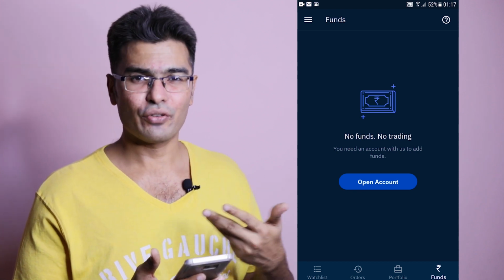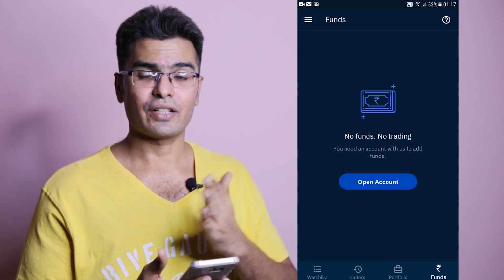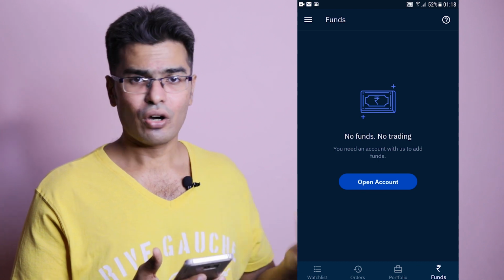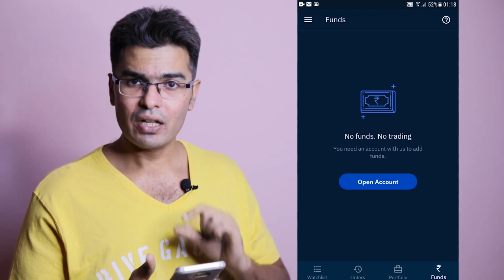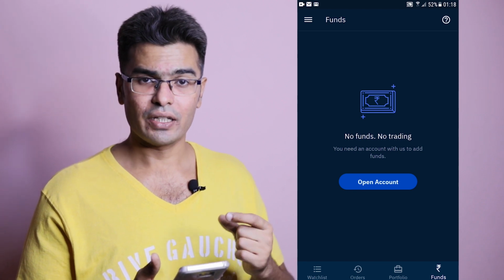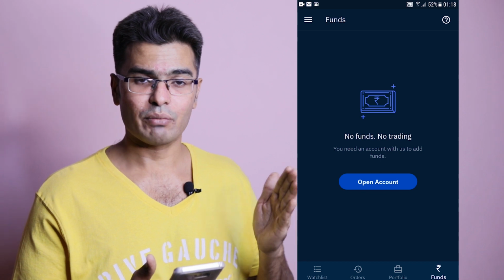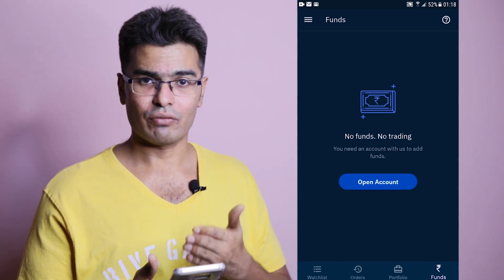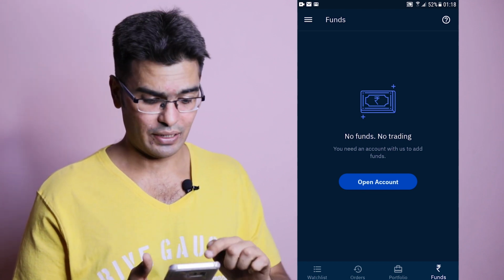There are 3-4 different options available, like you can directly transfer your money from your bank account, or you can use the UPI option, or some other options. Similarly, if you have a lot of money in your Demat account and you want to transfer that money back to your bank account, then you need to withdraw that particular amount, and you can easily see how it can be done. That is not a big deal.